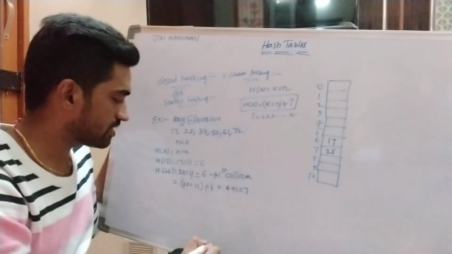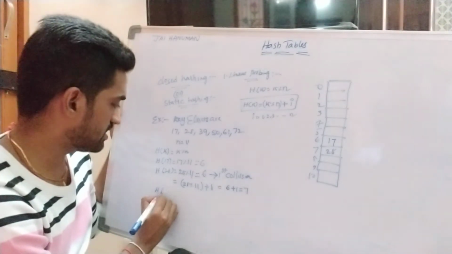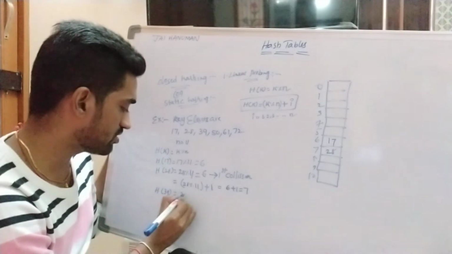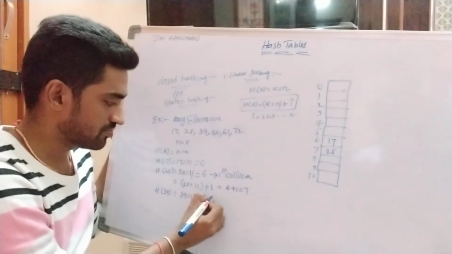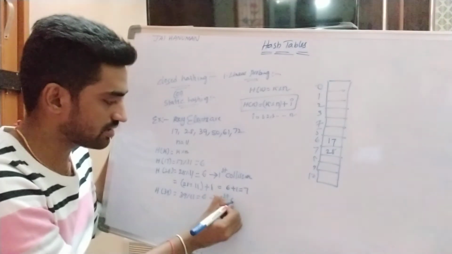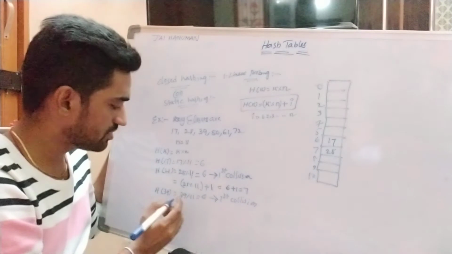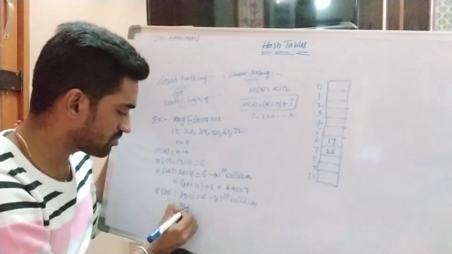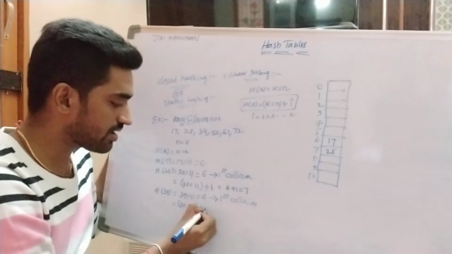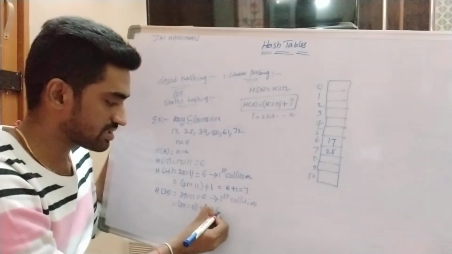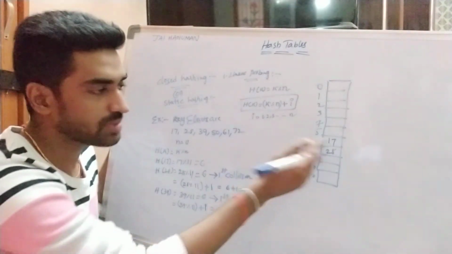28. What is the next inserted key value? H of 39. 39 modulo division of 11 is 6. First collision is occurred. Then apply linear probing mechanism, right? 39 modulo division of 11, initially i value is 1. 6 plus 1, which is equivalent to 7. So 7 is already occupied by 28.